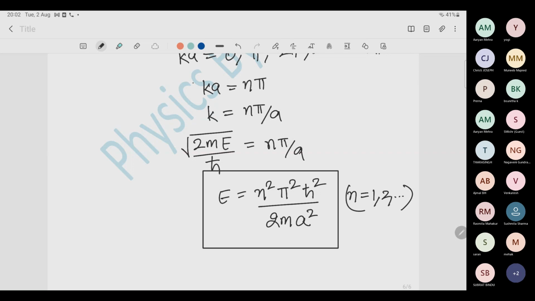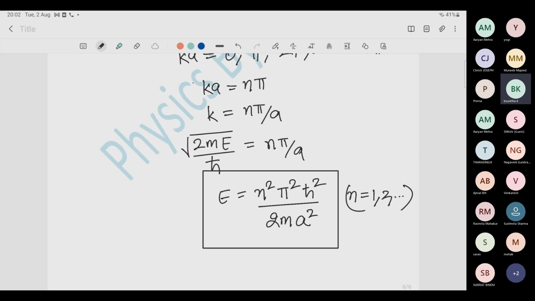Do you all understand this calculation? Now I am coming to the physics, but first let's make sure you understand the calculation. I need at least 5 or 6 yes before I move forward, because it's a very important calculation.